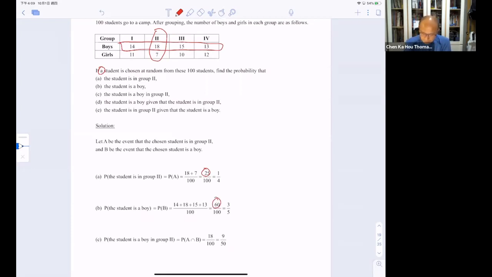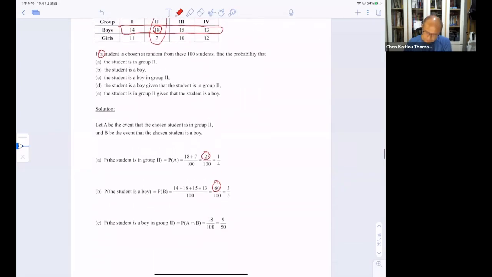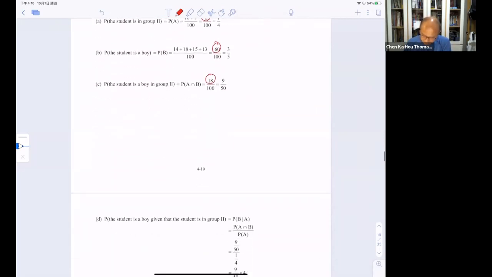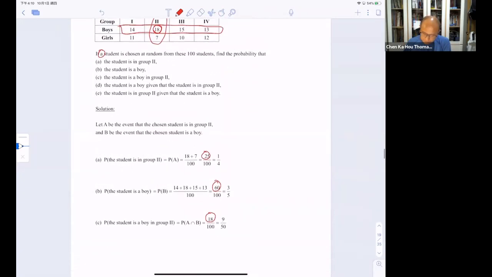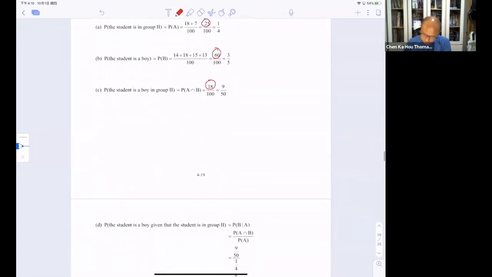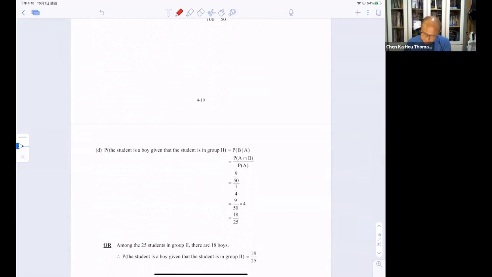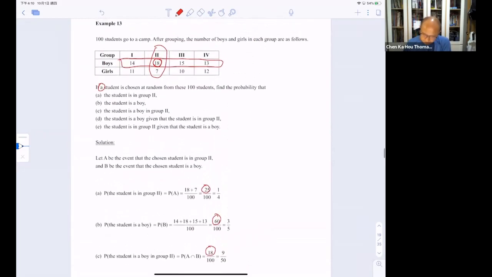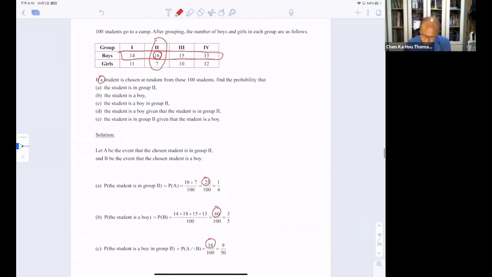C, the student is a boy in group 2. Boy in group 2 is this one, 18. Next one is that the student is a boy, given that it is in group 2. Symbolically that is B given A, because A is the event that the student is in group 2.